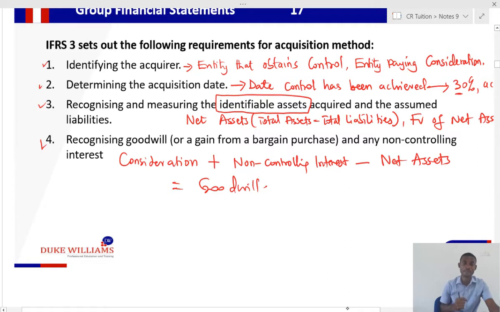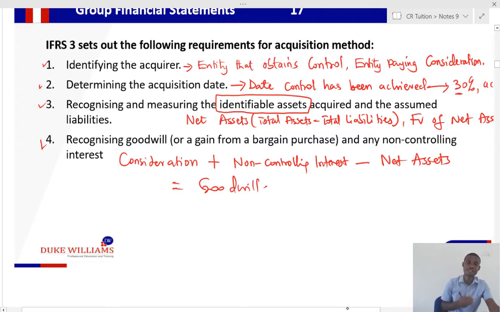I take that again. IFRS 3 says that if on the date of acquisition it is difficult for the investor to determine the fair value of the investee, who is a subsidiary, then there is what we call a 12-month period from the date of acquisition for the investor to conclude on all fair valuation.